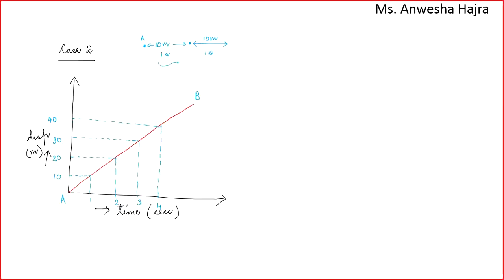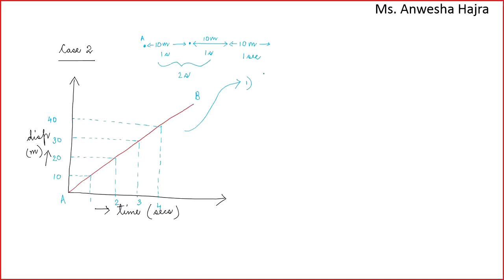So total is 2 seconds. Another 1 second, it moves 10 meter. That means the particle is moving. This is done in 1 second. So this type of graph tells us, point number 1, the particle is moving and it has a velocity.